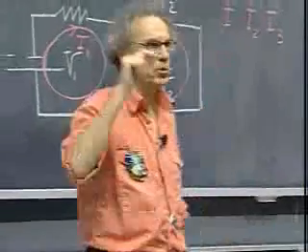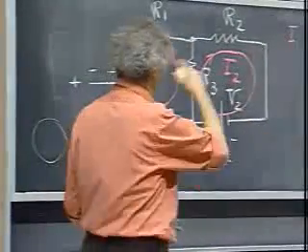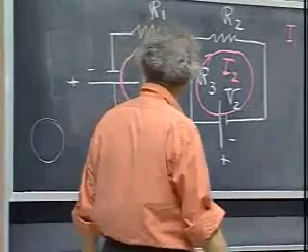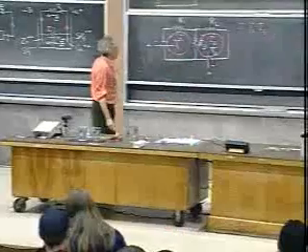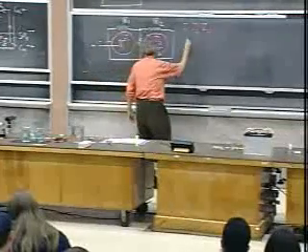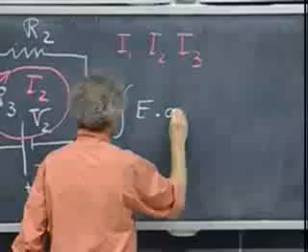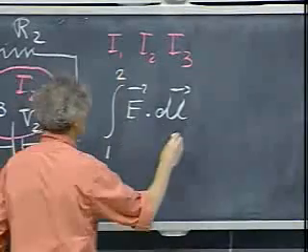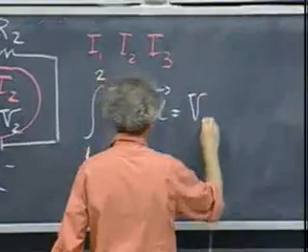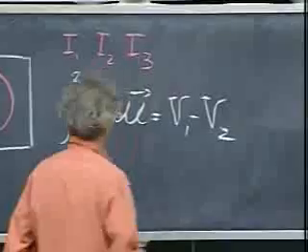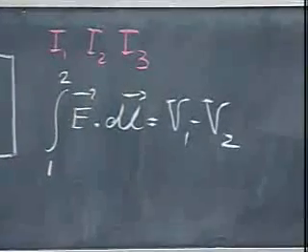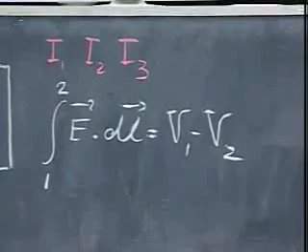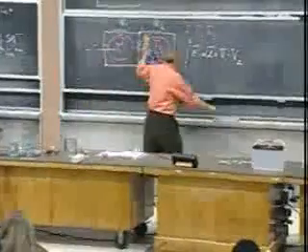As long as I return to the same point, that integral E dot dl must be 0. I'm returning at the same potential. What is the integral of E dot dl in going from point 1 to point 2? Well, that's the potential difference between point 1 and point 2. And so let us start here, and let us go around.